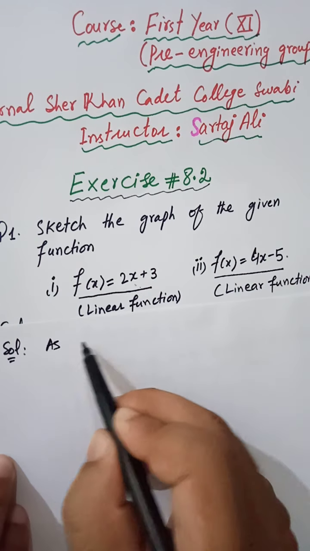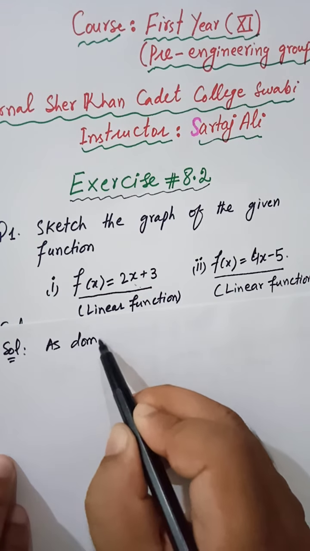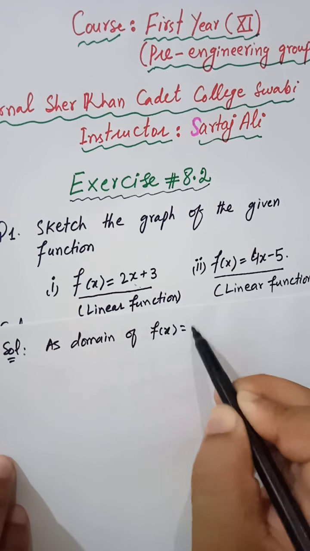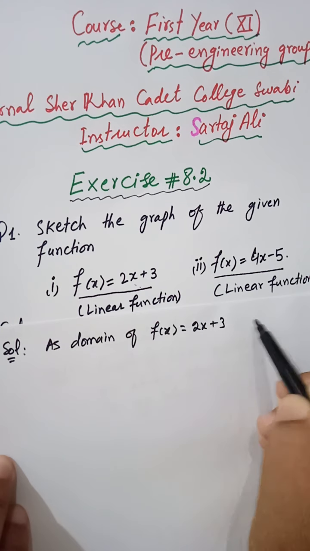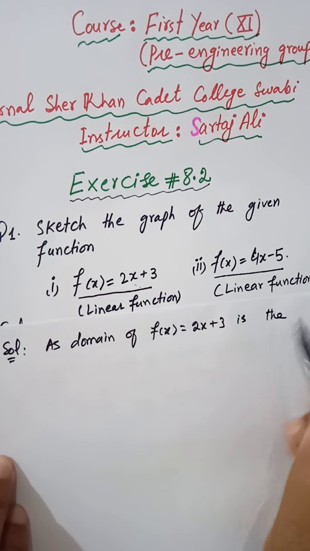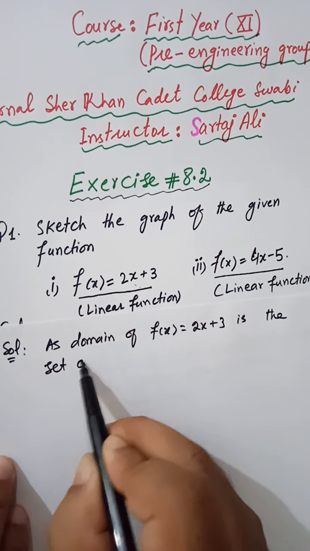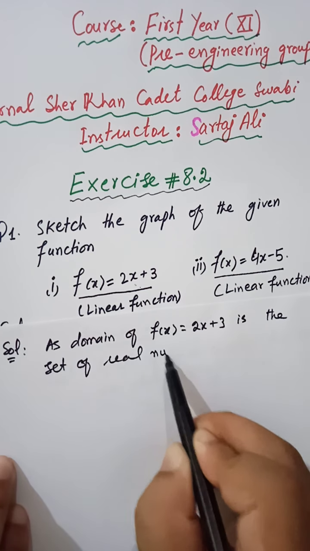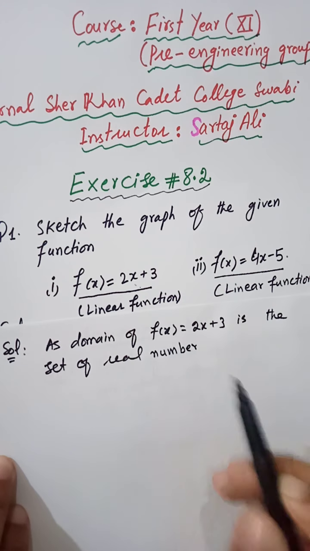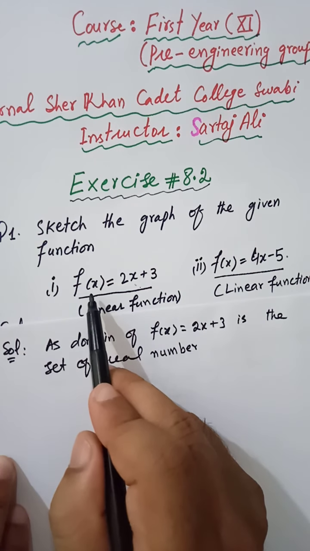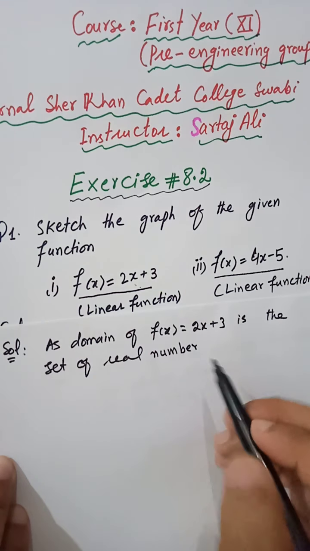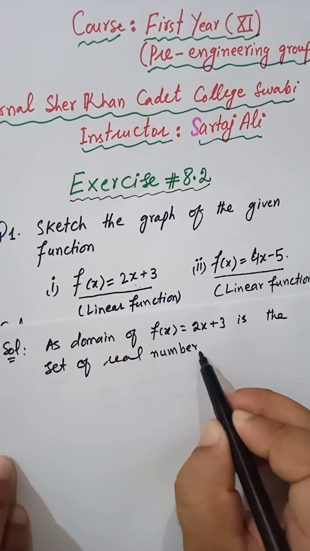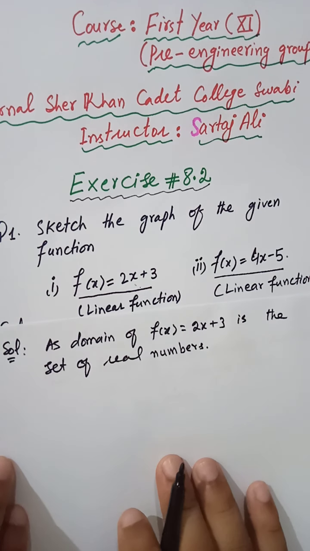The domain of f of x is equal to 2x plus 3 is the set of real numbers, because if you plug in any real number, this function gives a defined value. So according to the definition, the domain is the set of real numbers. So now the choice is yours.